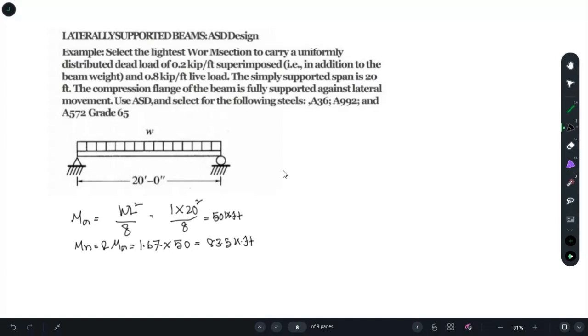If that is the case, you can now find the value of Zx. Zx will be the moment divided by Fy.